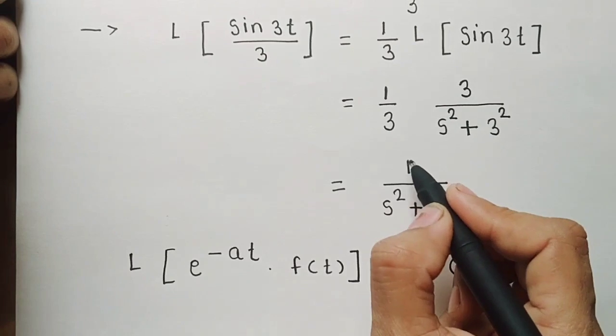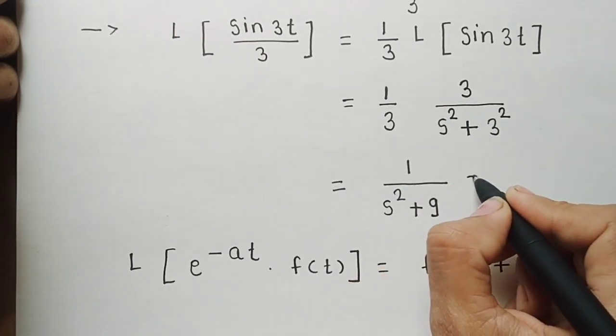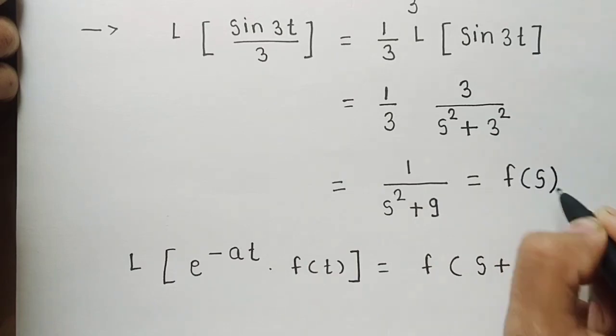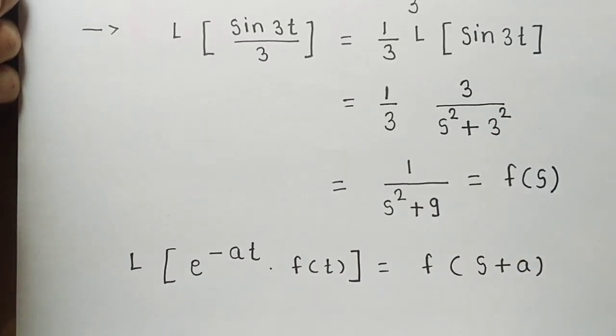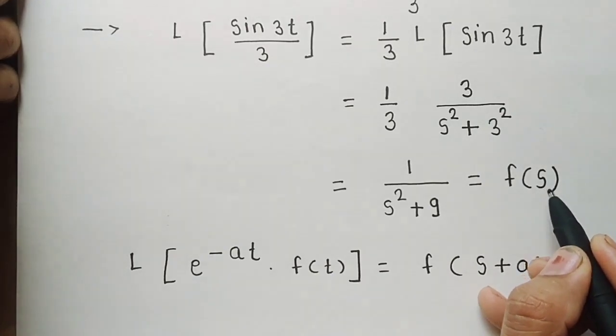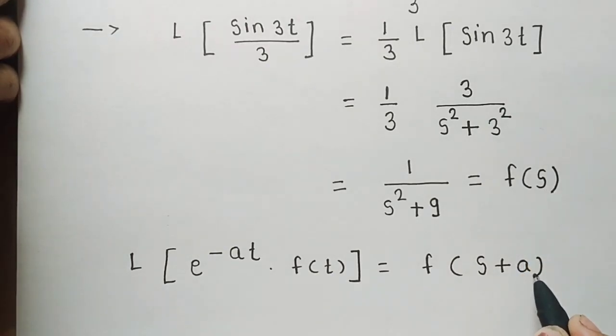So here 1 upon s square plus 9 is the value of F of s, the answer of the Laplace of sine 3t upon 3. So we simply replace the value of the s parameter by s plus a.